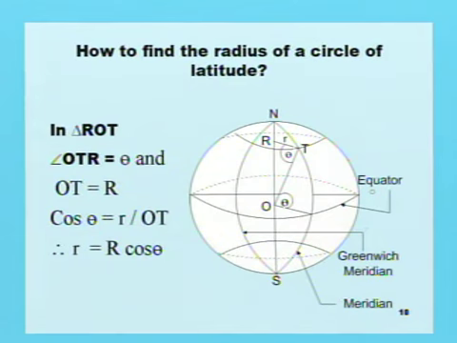How to find the radius of a circle of latitude? Here we have a picture of the globe again. It's a glass globe that you can see through, so it's a model. We have the north position mark, the south position mark. The Greenwich meridian is marked there, and you have the equator.